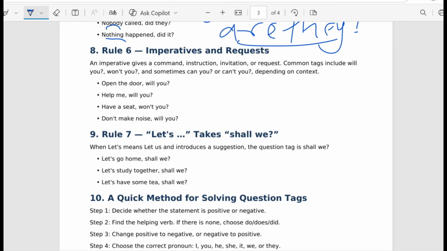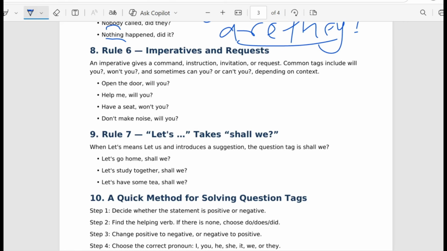Open the door. So you can make a request. You are requesting someone to open for you the door. Open the door. Will you? But at the same time, you can command someone to open for you the door. Open the door. Will you? Help me. Will you? You're making a request.